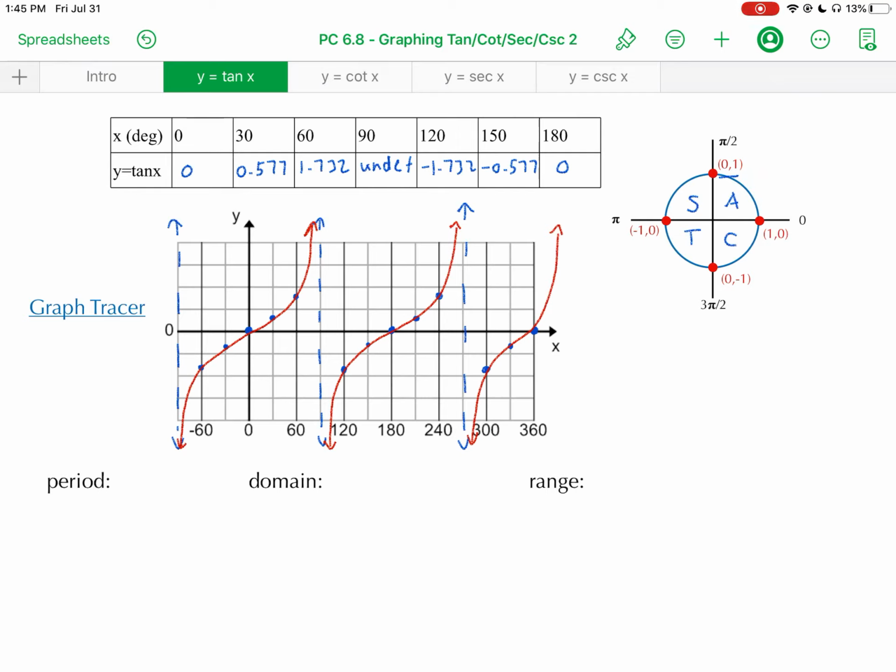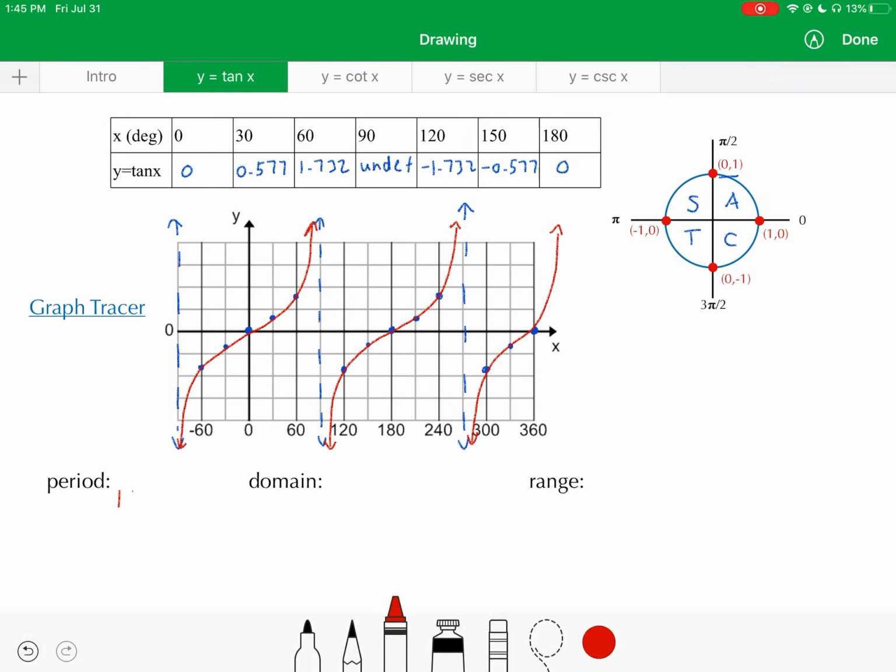Now, let's identify period, domain, and range for this. The period is going to be 180 degrees. That's because the curves repeat themselves in between each set of asymptotes, and there's 180 degrees between the asymptotes. The domain is based on where the asymptotes take place. Our first one was at 90 degrees, and the next one was 180 degrees later at 270.